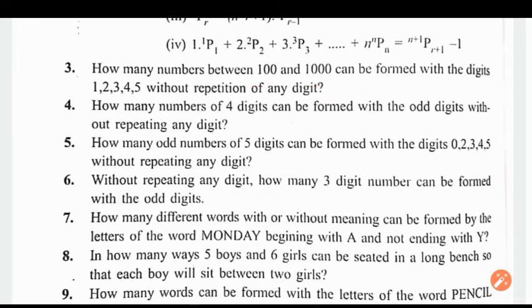The number which we are required to form will be of 3 digits. So we have to count those numbers which have 3 digits and which can be formed with the help of these 5 digits. So it is the same as arrangement of 5 things in 3 places. Understood? So let's see how I have solved this question.